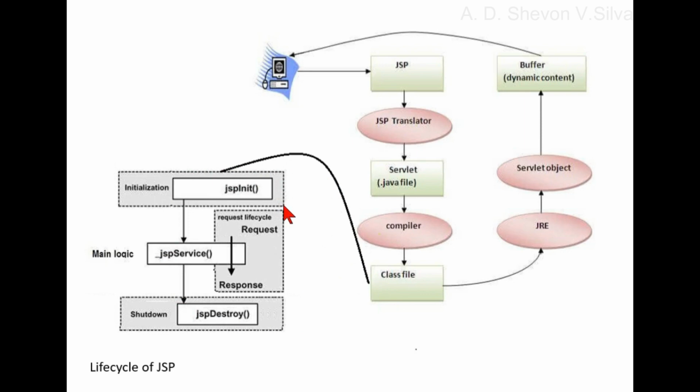The jspInit method is inside initialization. jspInit is connected to _jspService, which is the main logic, and here the request and response inside the request lifecycle, and request is connected to response via the _jspService method, and the _jspService method is connected to jspDestroy, and jspDestroy is inside shutdown.